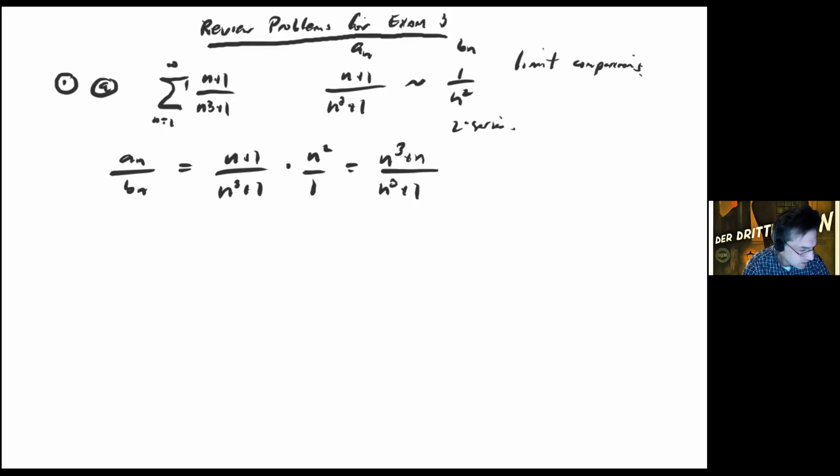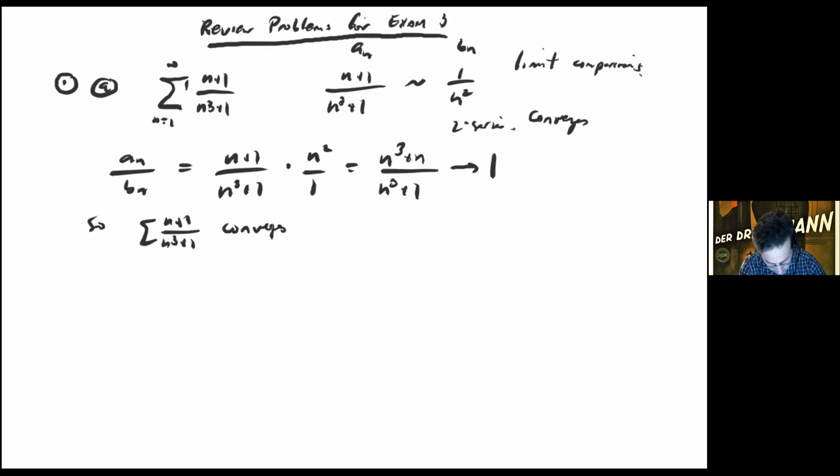That tends to 1, which means that the series summation a sub n converges if and only if b sub n converges. But we know the p-series converges. So summation n plus 1 over n cubed plus 1 converges by the limit comparison test.